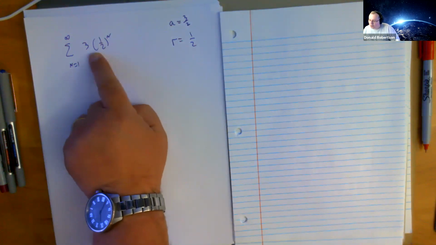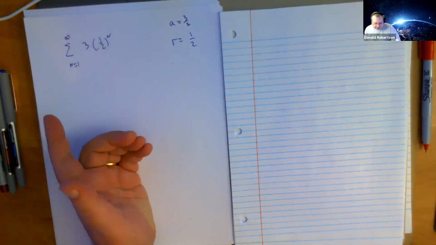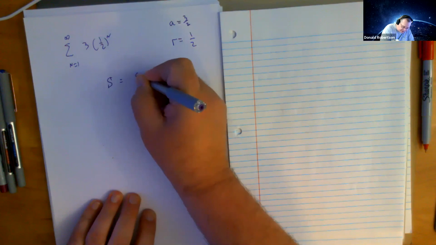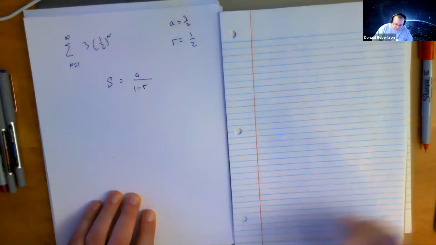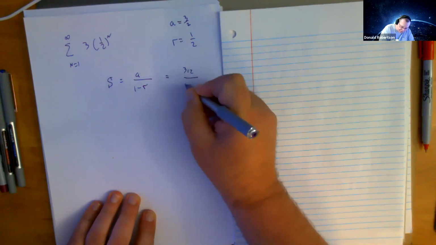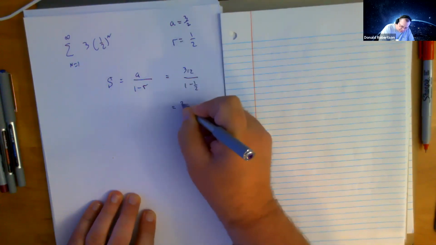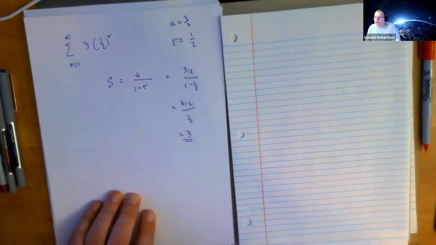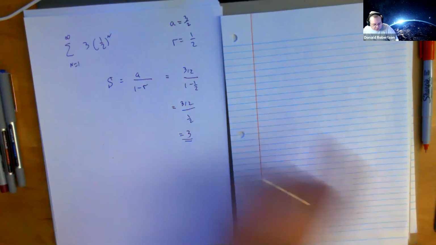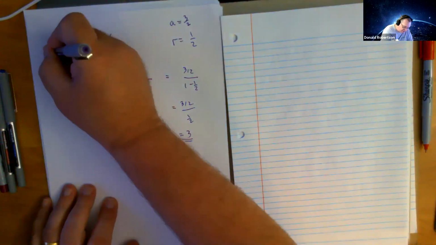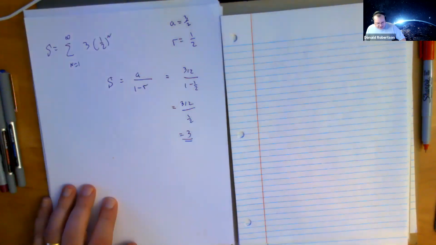You plug in 1, and whatever comes out, that would have been your first term, that would be your A. Now the sum is A over 1 minus R. In this case, it's 3 halves over 1 take away a half. 3 halves over a half. Can you trust me? That's 3. So if you wanted to add up this series, it would add up to 3.